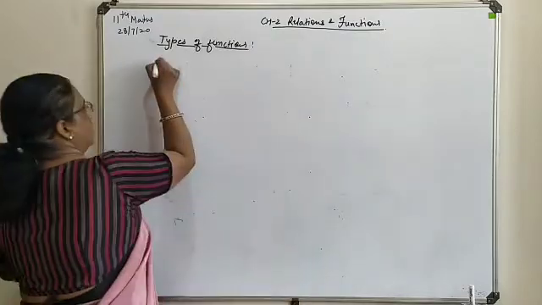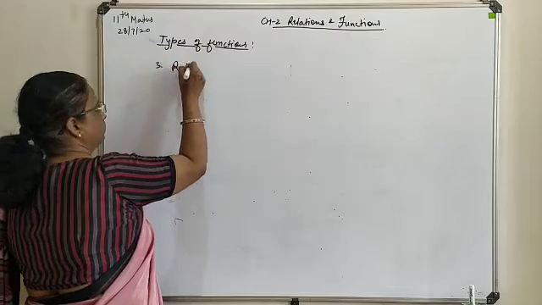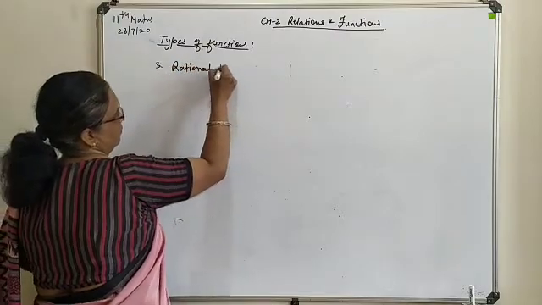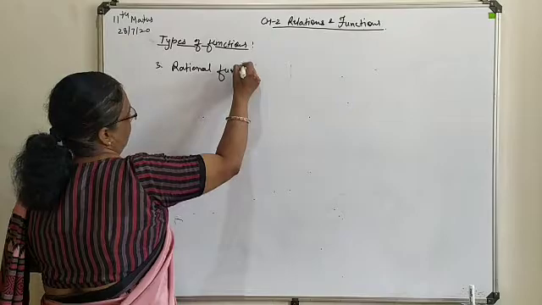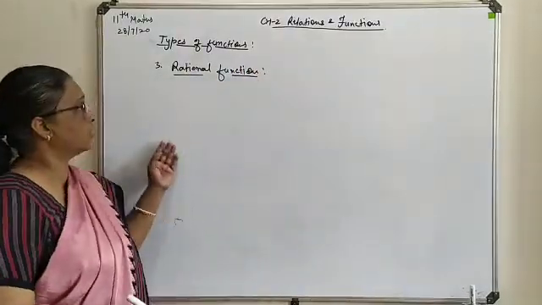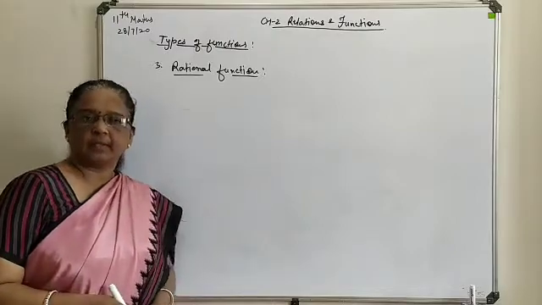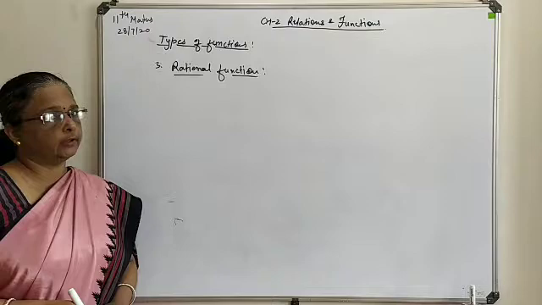So now our next type is the rational function. Normally a rational function is expressed as we express a rational number.